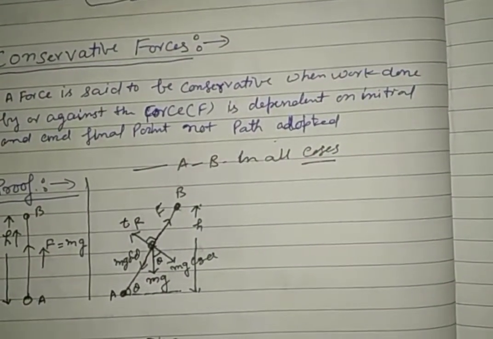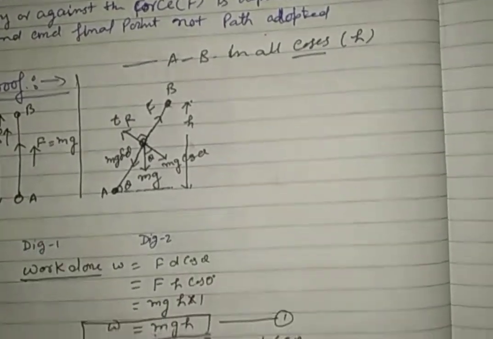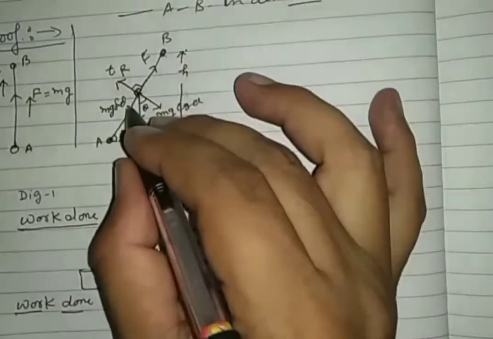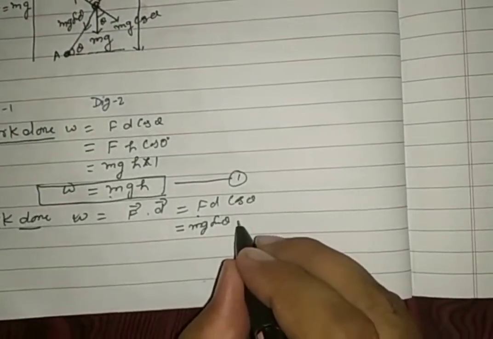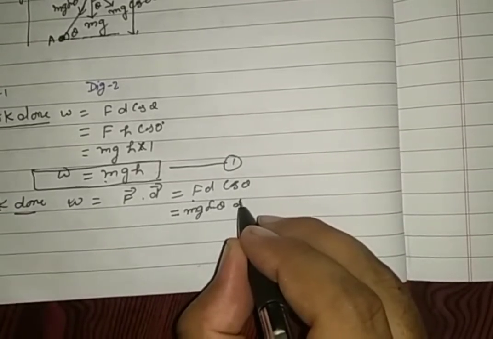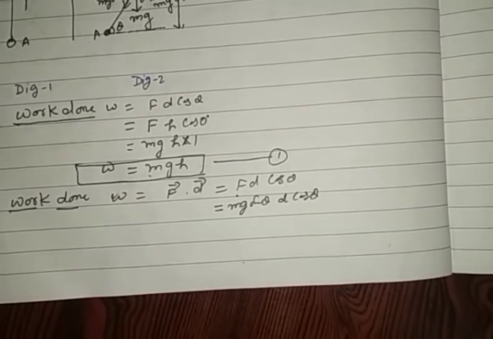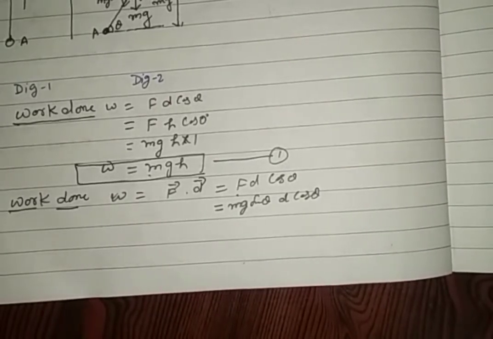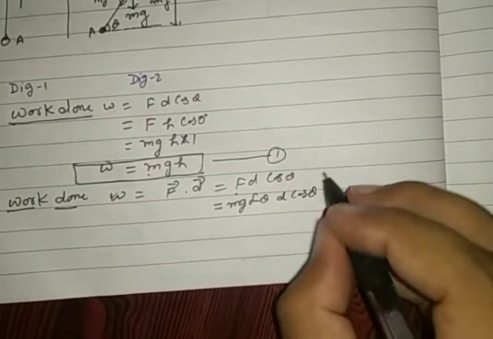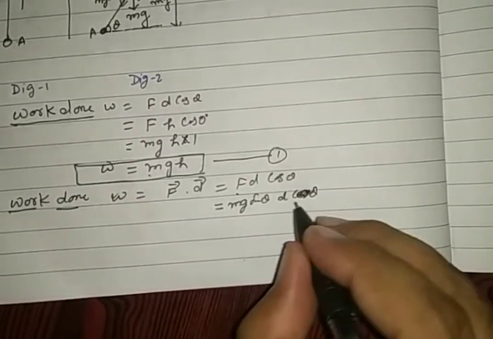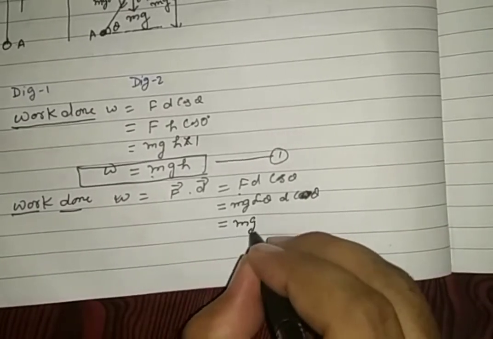Clearly, the traveled height is h in various ways. So force is equal to the projection mg sin theta into d cos theta. Now see what is d cos theta here. This d we can say is displacement only.